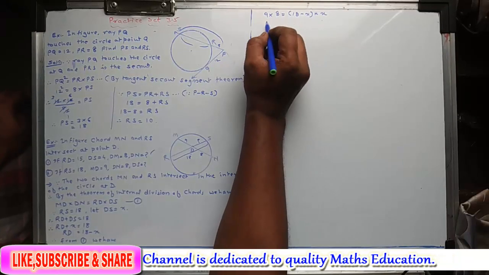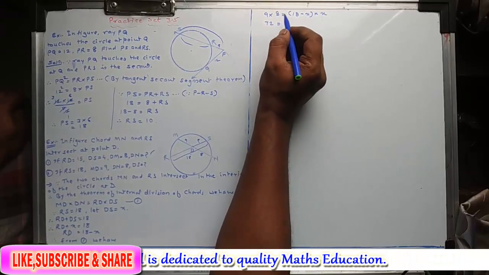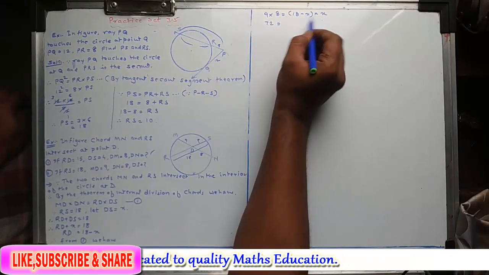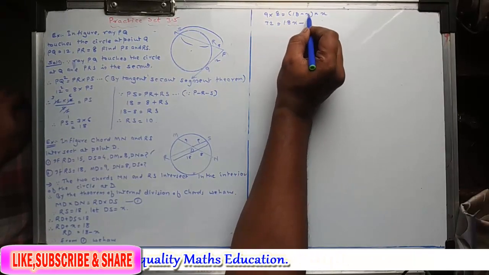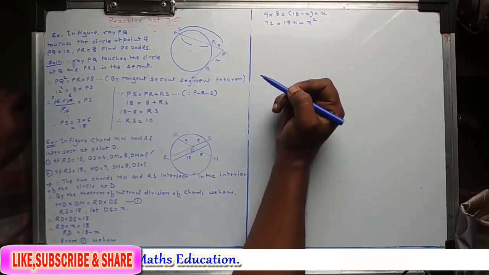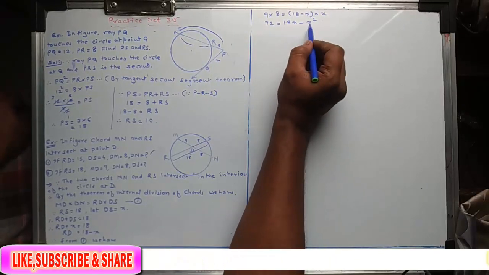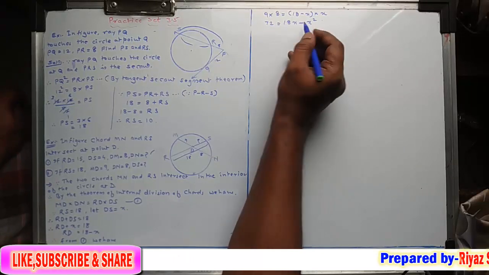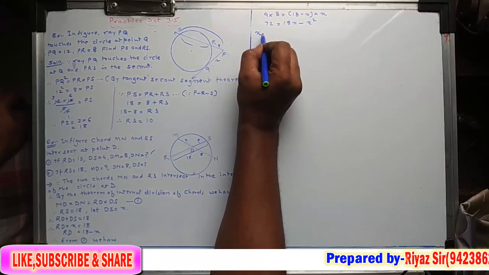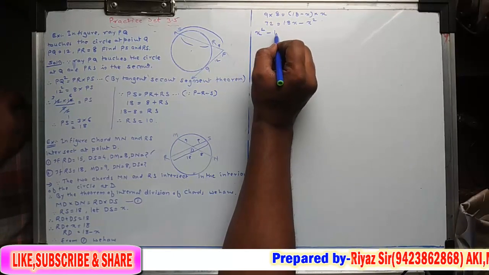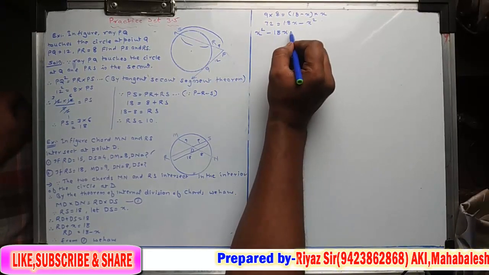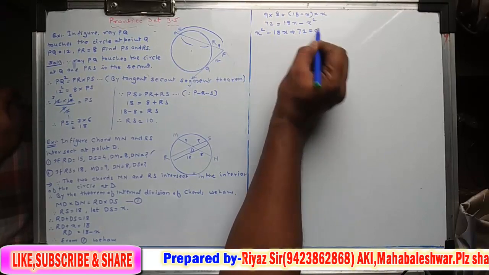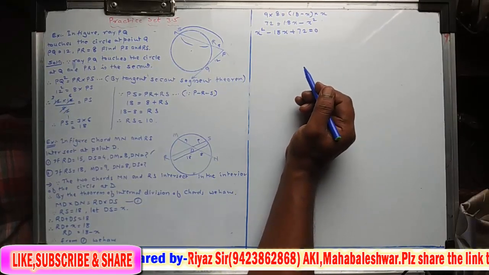Okay, so 9 8s are 72 is equal to 18 into x, that is 18x, minus x into x, it is x square. Okay, x square term is negative, to make it positive take both the terms on the left hand side, so this minus x square becomes plus x square, this plus 18x becomes minus 18x, and this plus 72 is equal to 0, which is a quadratic equation.